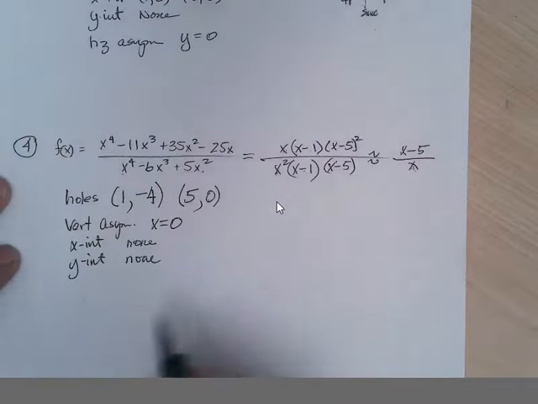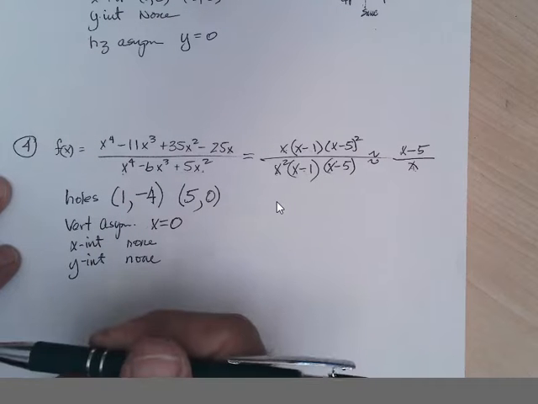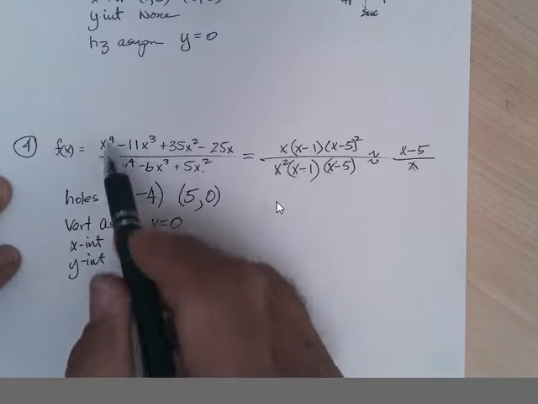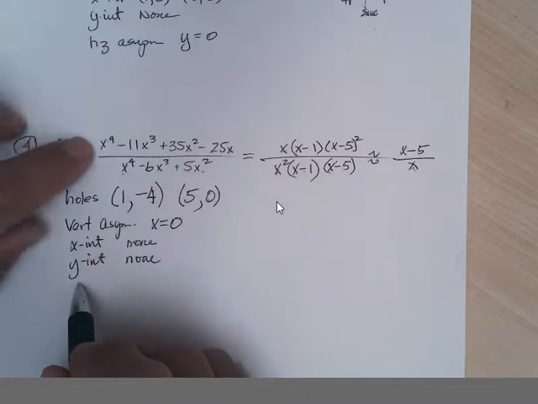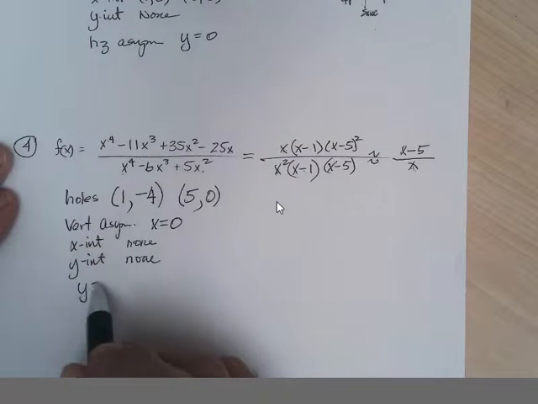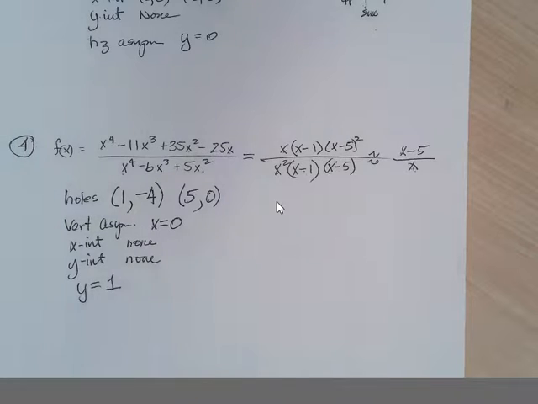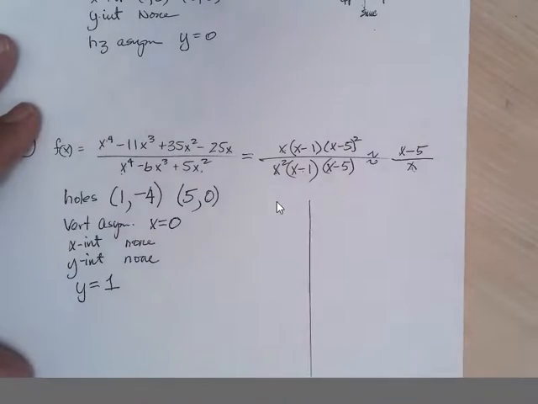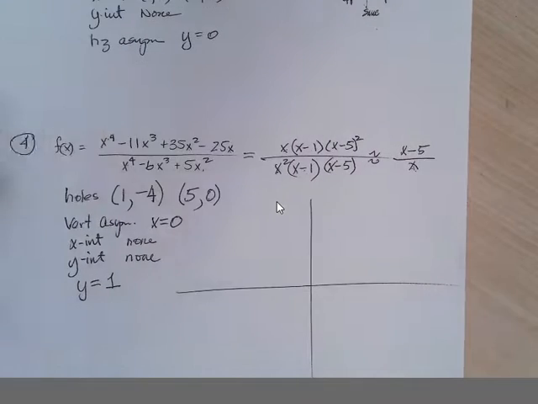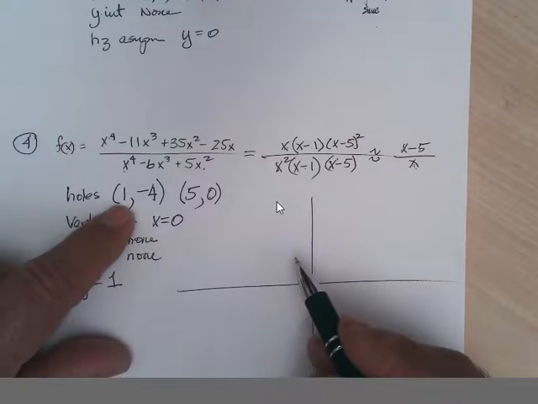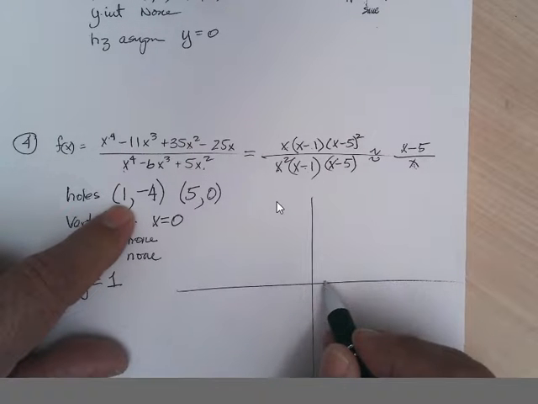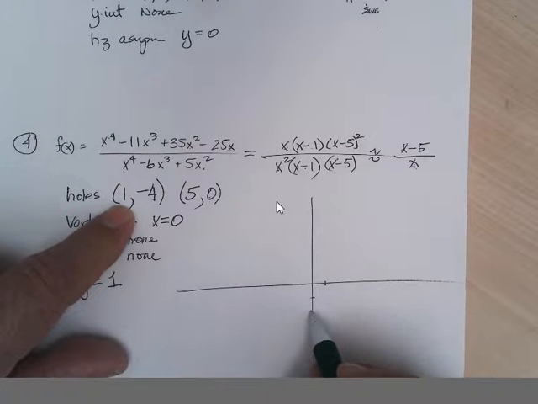So how about the horizontal or oblique? Well, since it's the same degree, then it's the ratio of the leading coefficients, which is 1 to 1, or y equals 1. So, sketch. This one I'm a little unsure of because of this, so I'm going to check with the calculator, but I believe there's a hole at 1, negative 4. 1, 2, 3, 4.